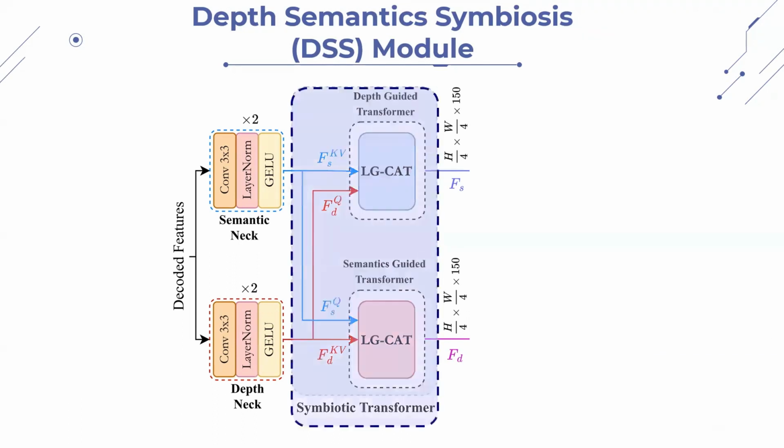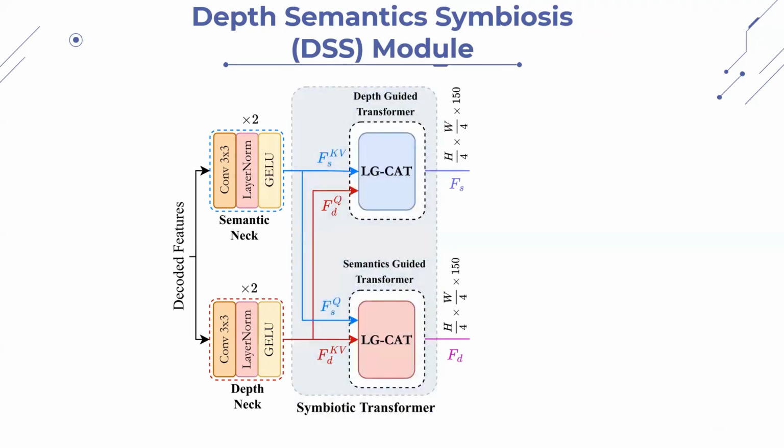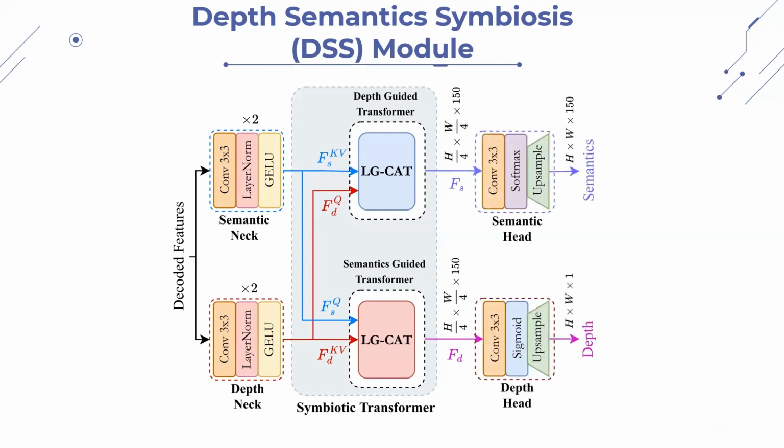The Symbiotic Transformer, which is responsible for symbiosis, comprises two transformers, a depth-guided transformer and a semantics-guided transformer, which are both instances of LGCAT but serve different purposes. One takes depth as the query and semantics as key and value, while the other does the opposite. Then separate head blocks refine these mutually aware features, generating the final depth map and semantics mask.